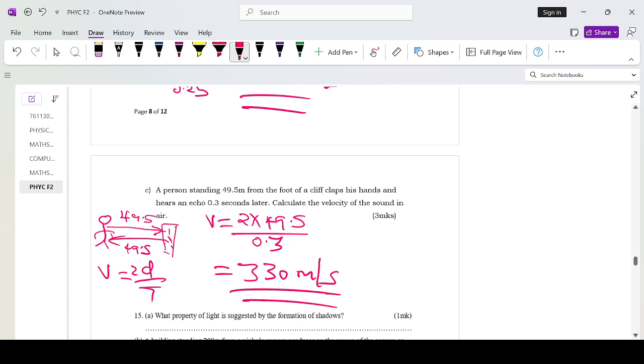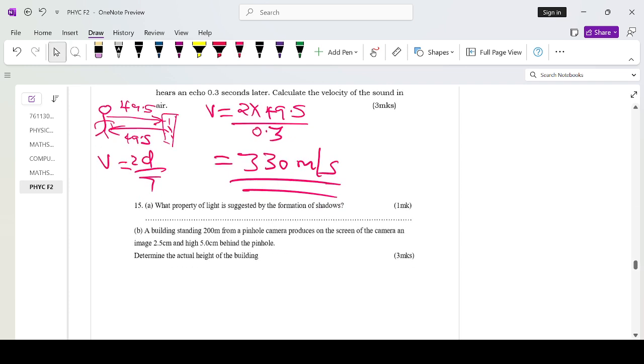330 meters per second. What property of light is suggested by formation of shadows? That is light travels in a straight line, or rather what we call rectilinear propagation of light.